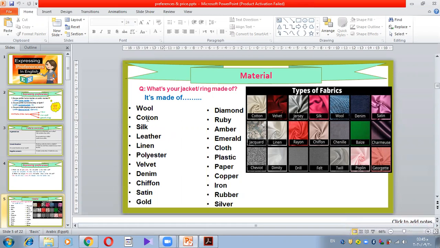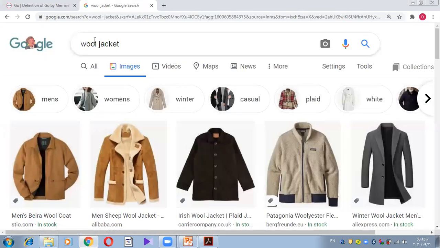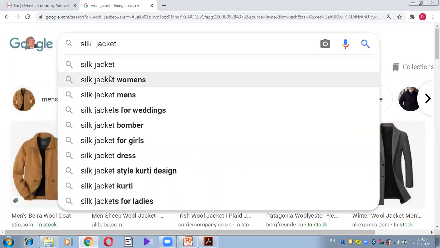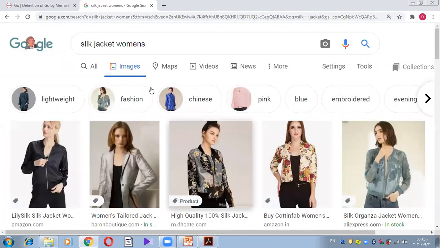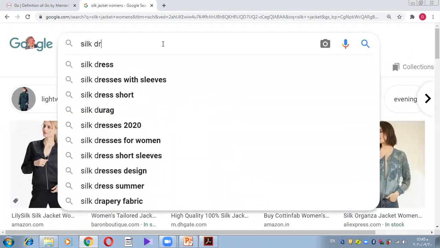Okay, the next one is cotton. Cotton is already understood for most of us because it's the same like Arabic. It's cotton, made of cotton. Silk, it's made of silk. Okay, that's made of silk. We may have just to make it easy.